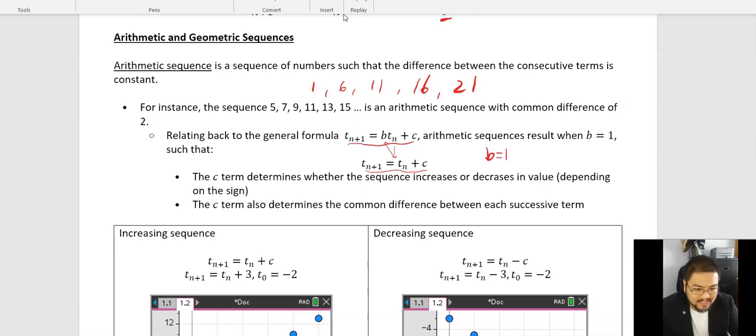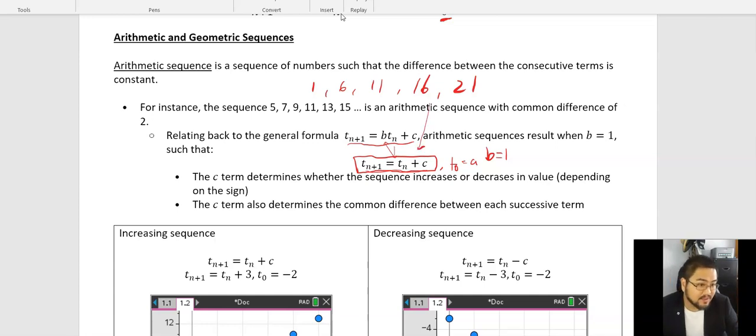So in other words, this is the sequence that you should be referring to with arithmetic sequences. T0 equals a. The c term determines whether the sequence increases or decreases in value, depending on the sign. If you have a sequence that's going up, like 1, 6, 11, 16, and 21, this would have a plus sign.